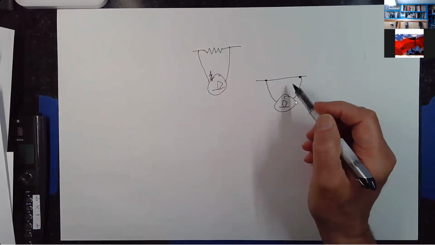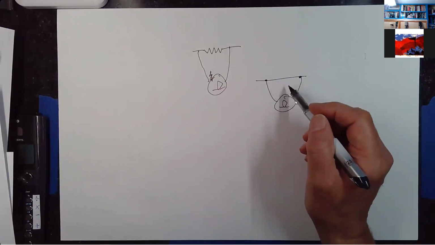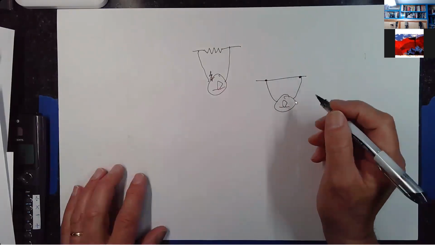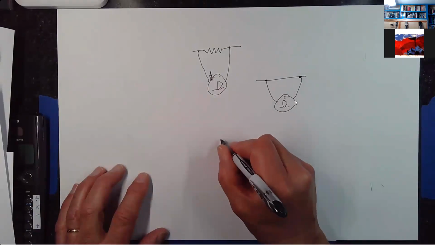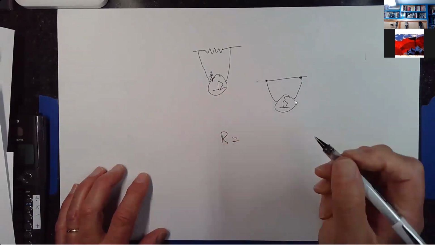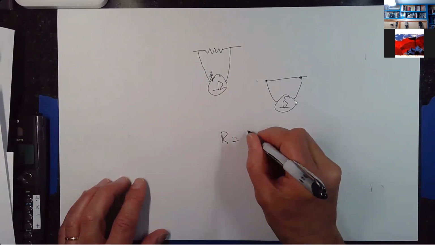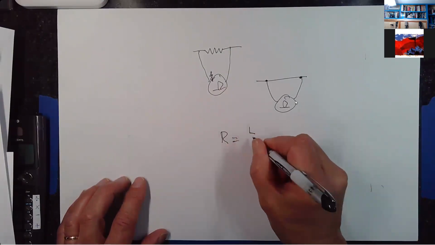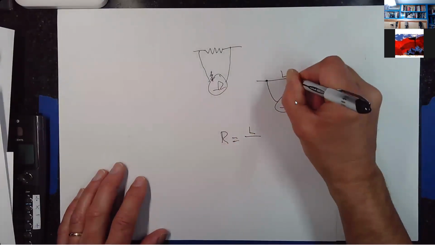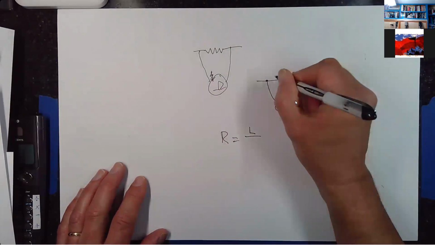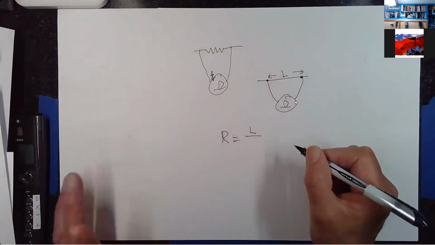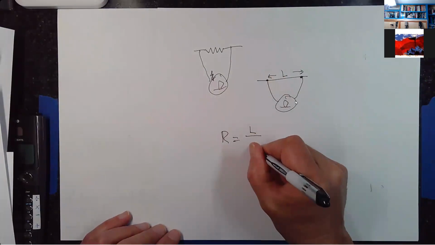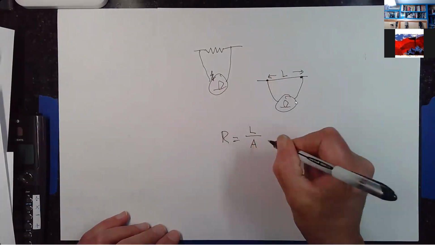Now, it turns out what the resistance of that piece of wire depends on is, if you calculate the resistance of it, it's going to be proportional to the length of it. And so the longer the wire, the greater the resistance is going to be. And it's going to be inversely proportional to the cross-sectional area of it.